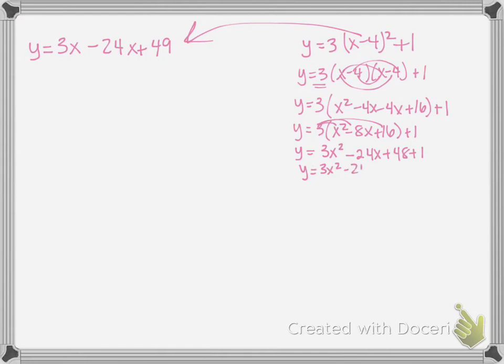So 3x squared minus 24x plus 49, which is my answer. Okay, you could have also gone left side to right side, in which case you would have had to factor it or complete the square to find vertex form.